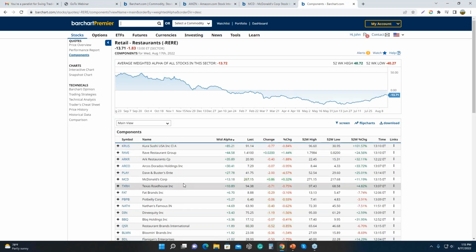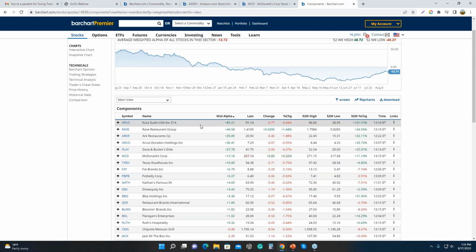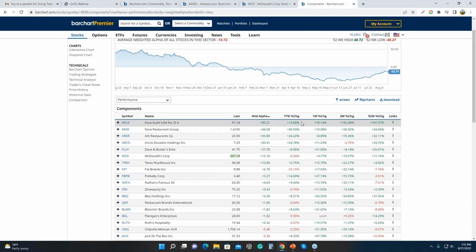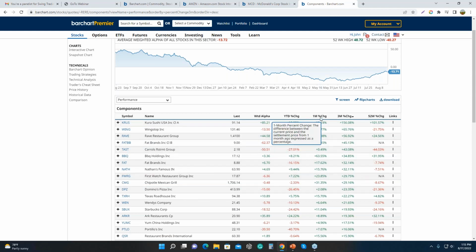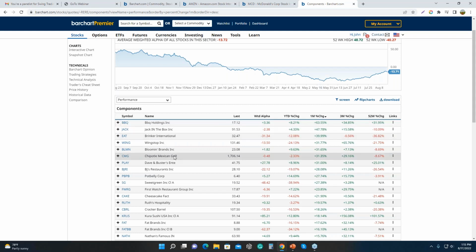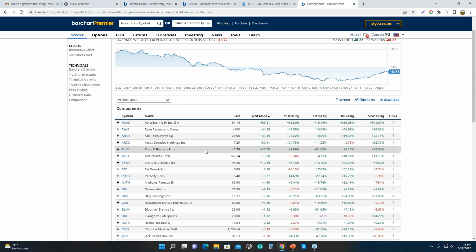And look at those that have a higher weighted alpha, or I could go into the performance and look at performance on a monthly basis or a 3 month basis, and/or look at year to date and my weighted alpha. And again, I'm just looking here for discussion purposes later in the day. I do notice that McDonald's is one of the ones that's always popping up on our selection.